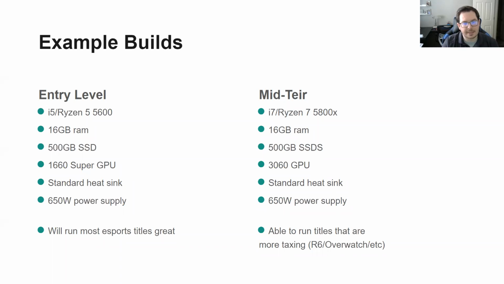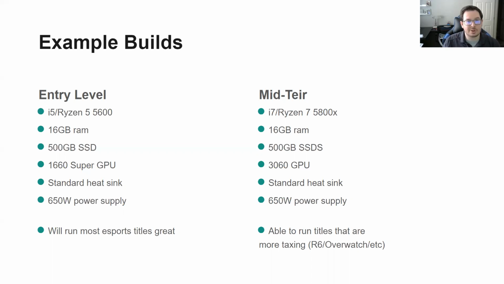And then, you're going to look at a standard heatsink and power supply. You don't have to go overboard. Liquid cooling is almost not needed ever, unless you're doing things like really overclocking your machines, or doing really high-end rendering where your CPU is running really hot.